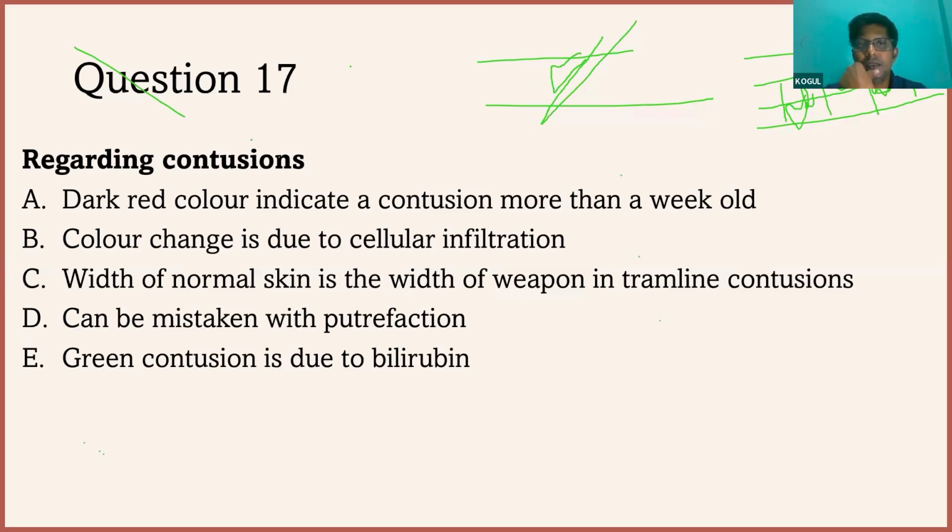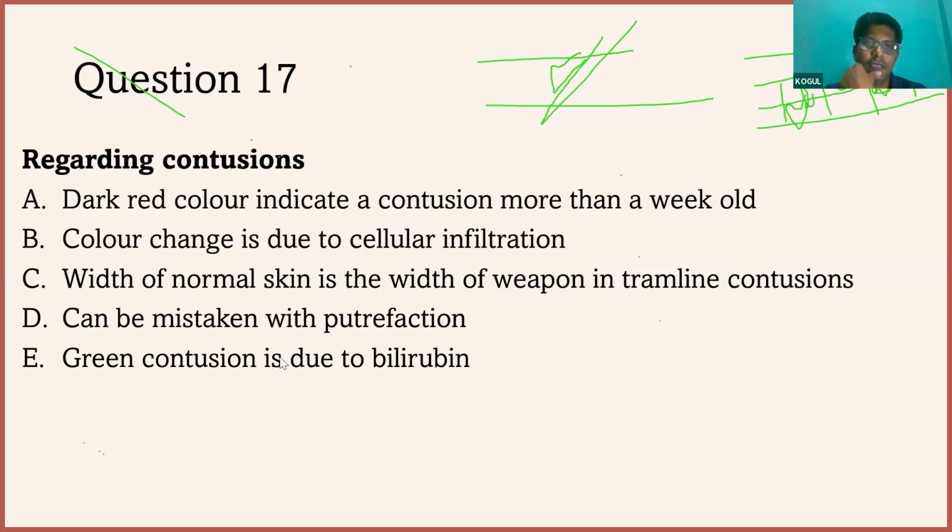Measuring the normal skin between the tramline contusion gives the width of the weapon. True, yes, because I already mentioned the width of the weapon only. The normal skin indicates the size of the impact of the weapon. The edges of the tramline contusion only indicate the edges of the weapon. So normal skin indicates the width of the weapon.